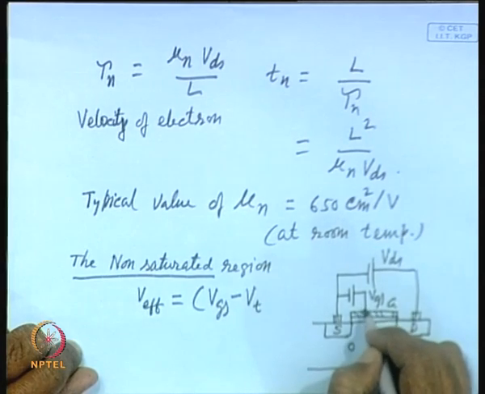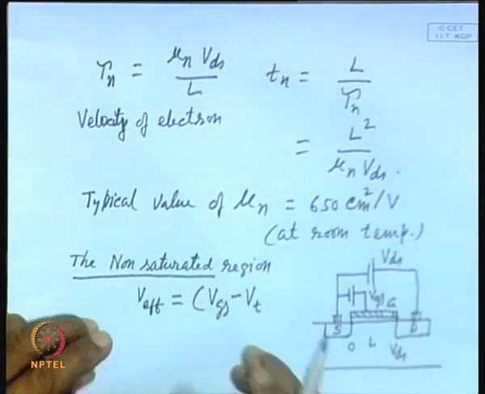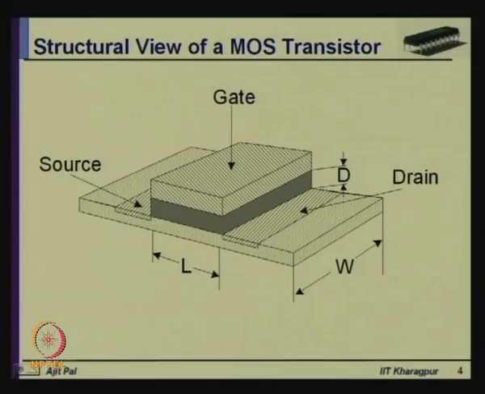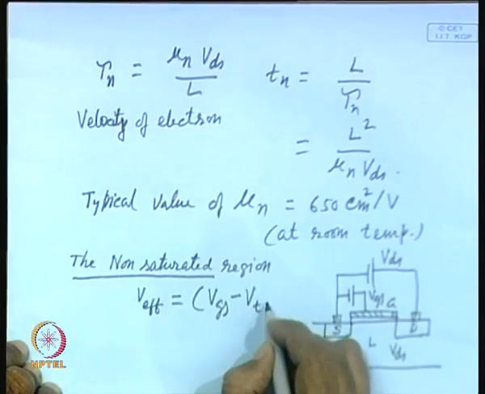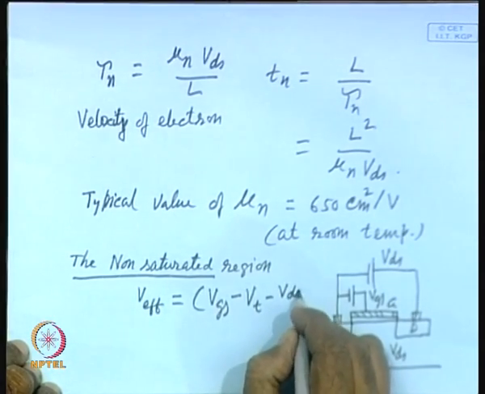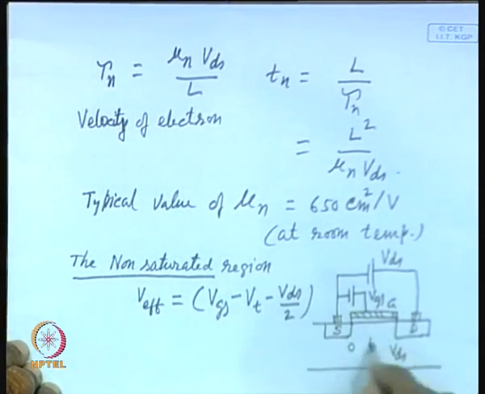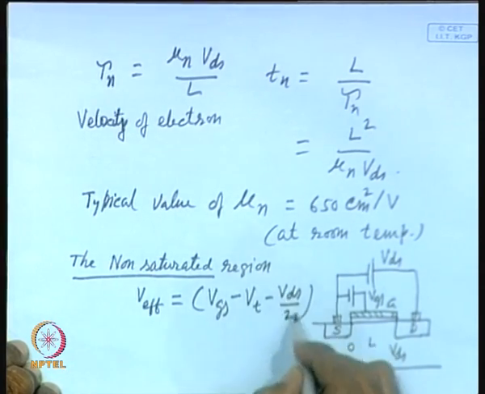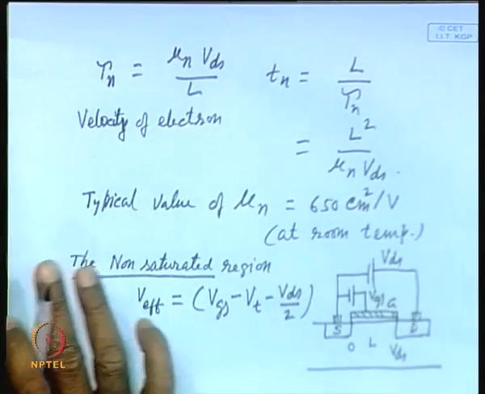You require a voltage VT, and only after that the inversion region starts. As a consequence, the effective gate voltage will be VGS minus VT minus VDS by 2. We have taken the average value; of course, it varies across the channel. This is the effective gate voltage.